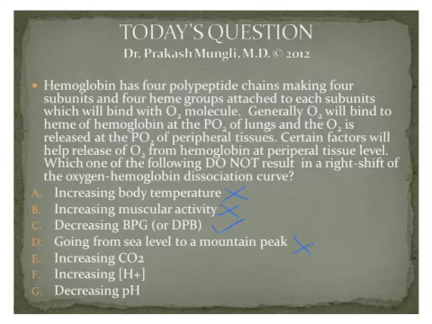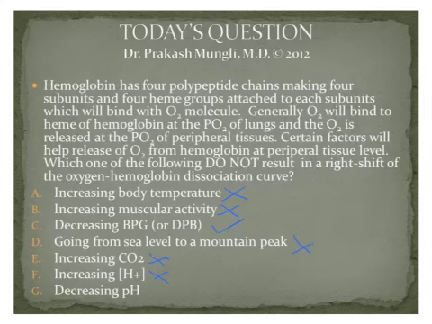That's why this choice is not correct. Now increasing H plus concentration. Again, as I explained in option E, increased H plus ion means there will be protonation of histidine residue, so hemoglobin will be getting into T state. T state of hemoglobin means a right shift in the oxygen dissociation curve. So that's why it's not a correct option.